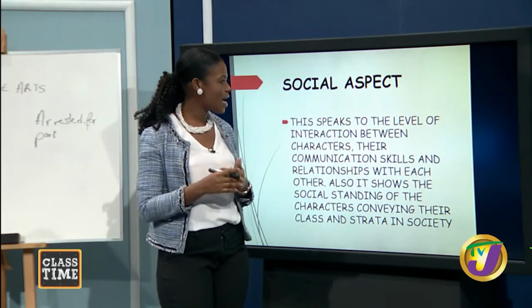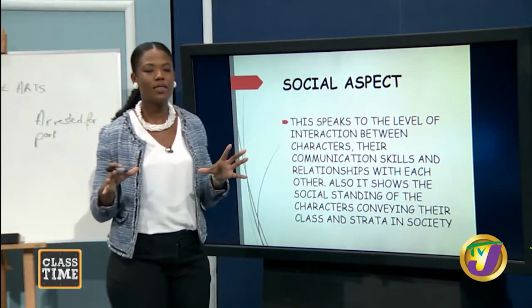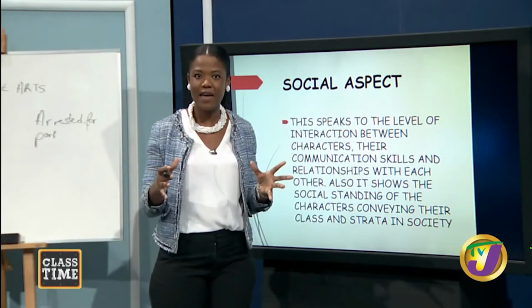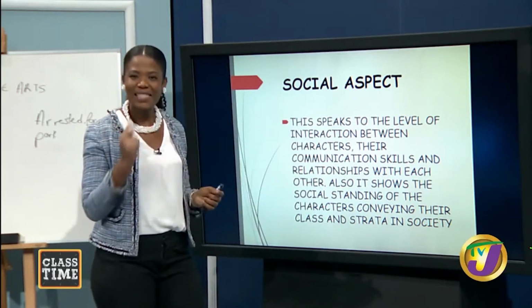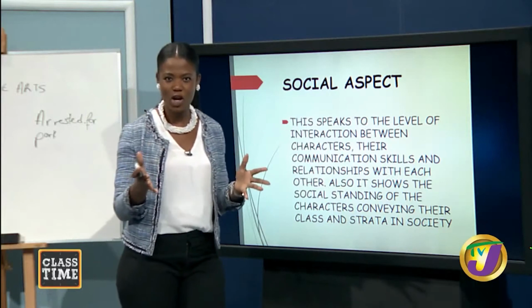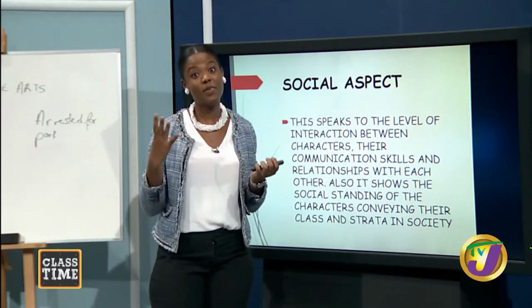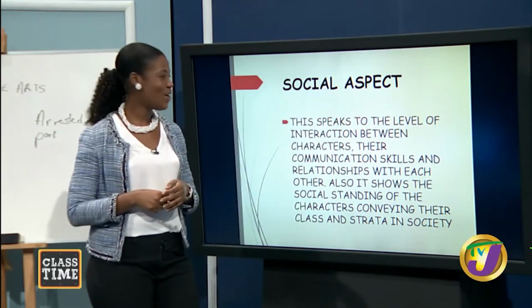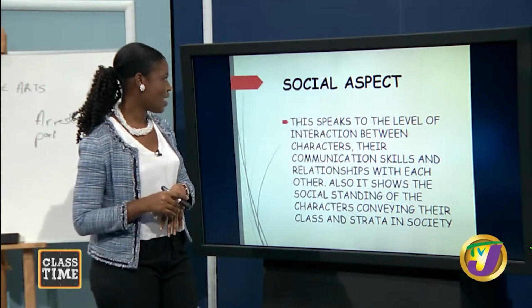So the social aspect has to do largely with the balance between interaction as well as their station in life. But the status is really about the assets, what's your net worth? Are you this rich person who has a large sum of money in the bank? You know what I mean? So that takes care of the social aspect and the status of the character.